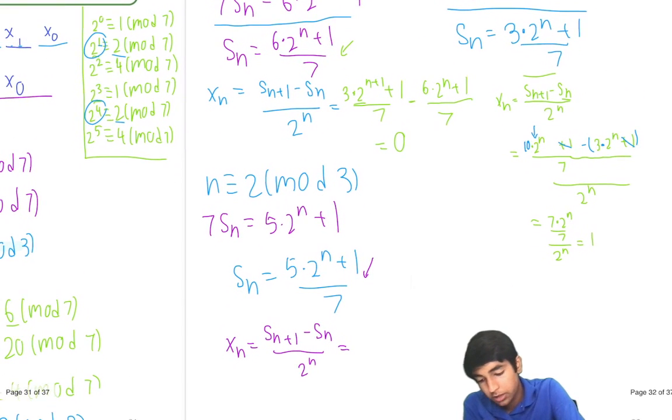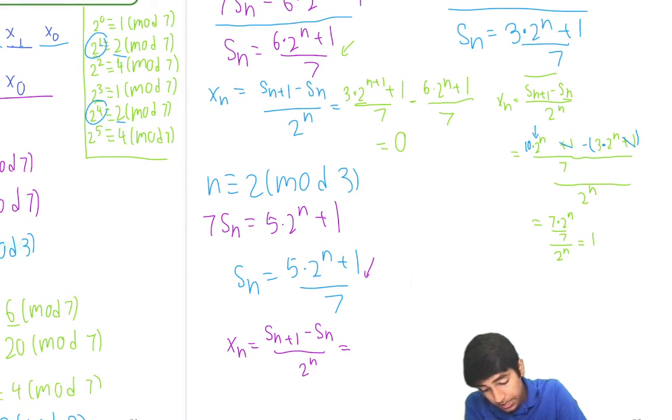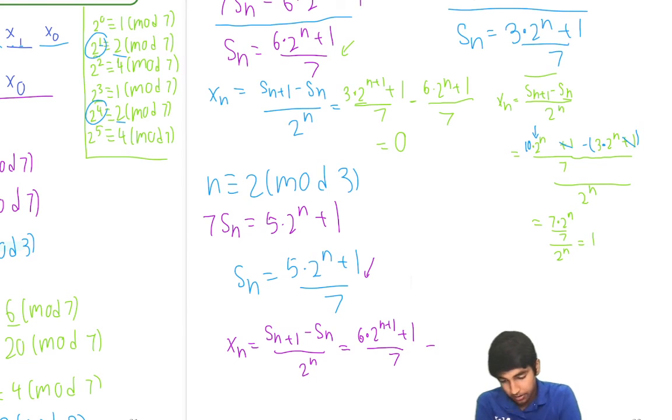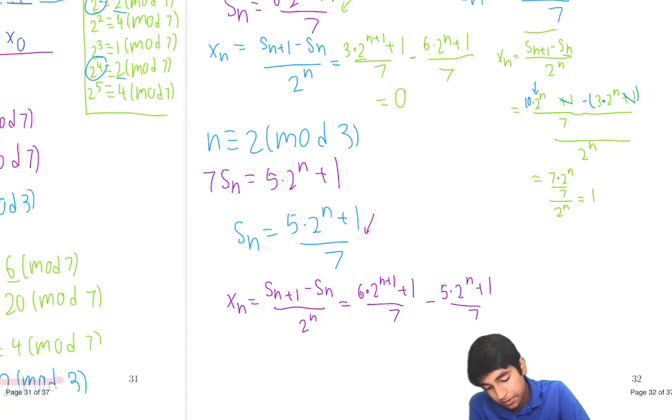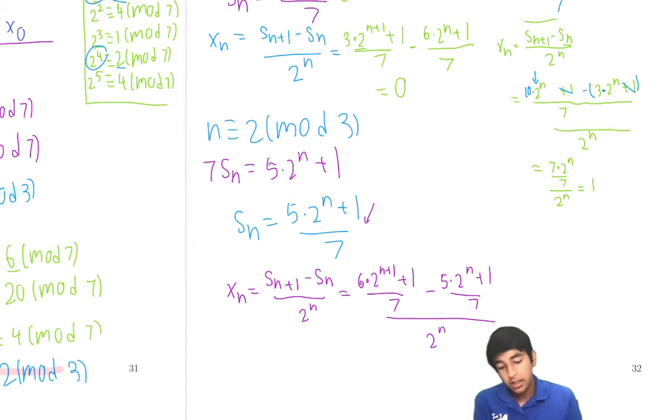So s of n plus 1 will be 6 times 2 to the n plus 1 over 7 minus s of n for n equals 2 mod 3, which is just 5 times 2 to the n plus 1 over 7. And then we divide all of this by 2 to the n. So like I was mentioning earlier, you can actually evaluate this and you'll get that it's equal to 1.